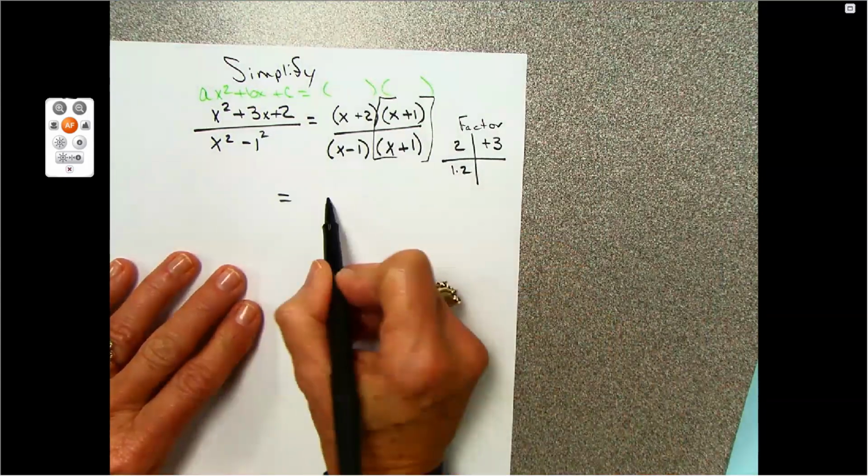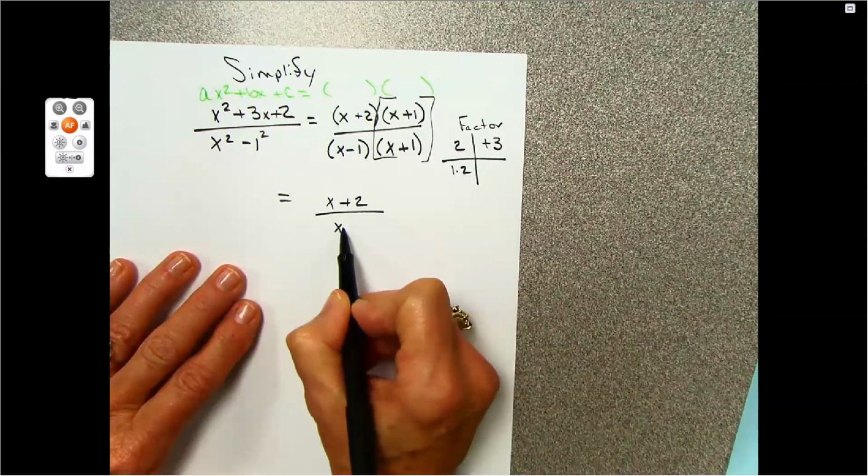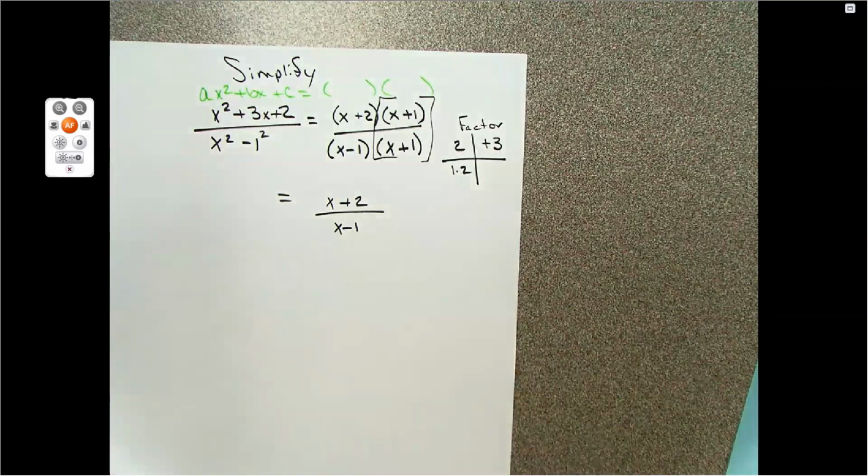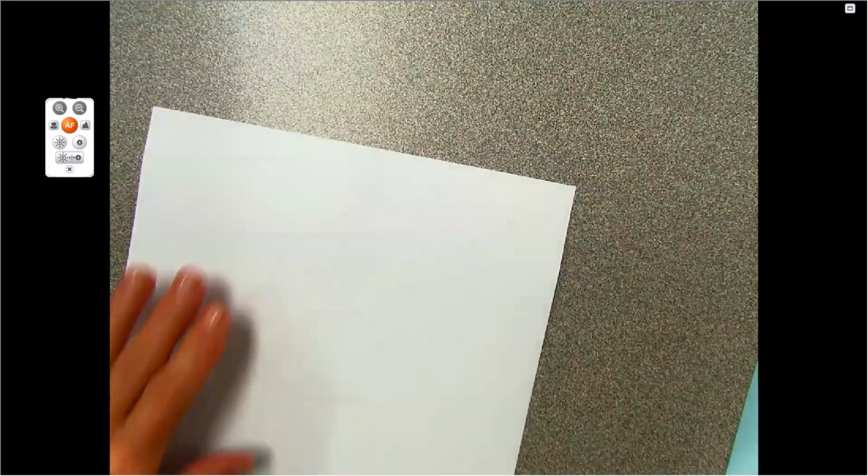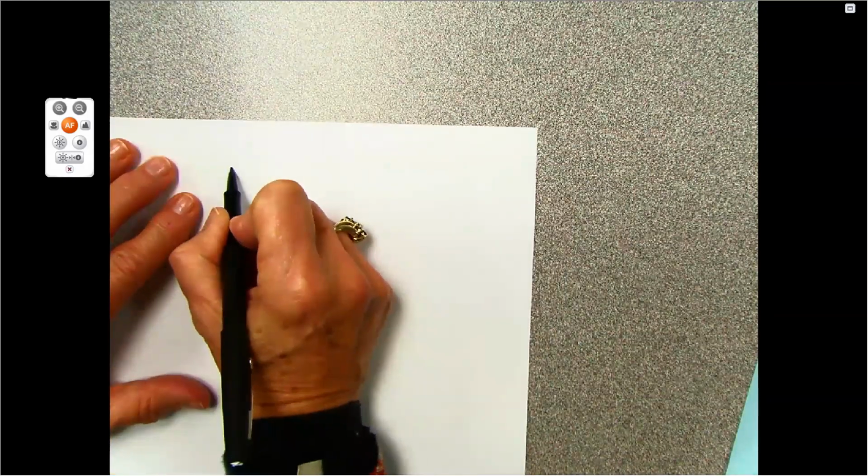And that leaves x plus 2 over x minus 1. We're still simplifying.